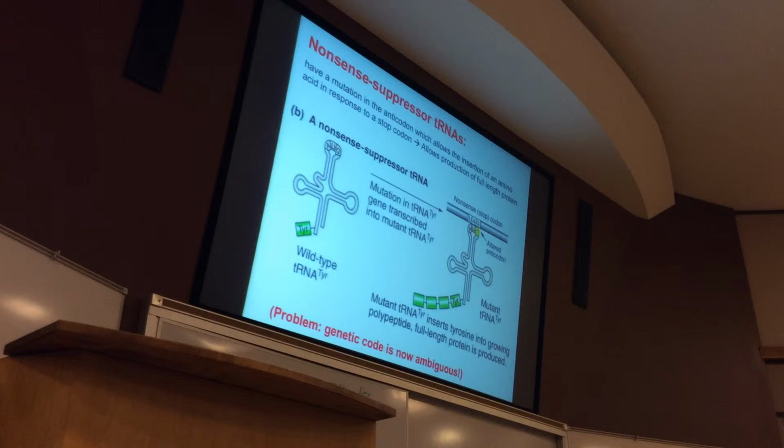So you can put non-natural amino acids inside proteins by using nonsense suppressor tRNA. Dieter Söll's group at Yale has perfected this to put in amino acids that are fluorescently labeled so that we can see proteins move around in cells in real time.